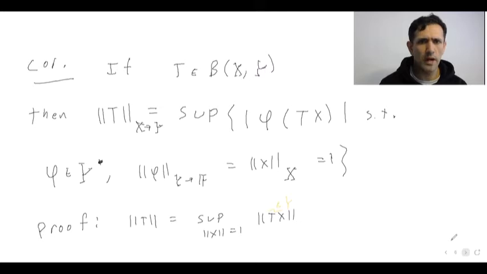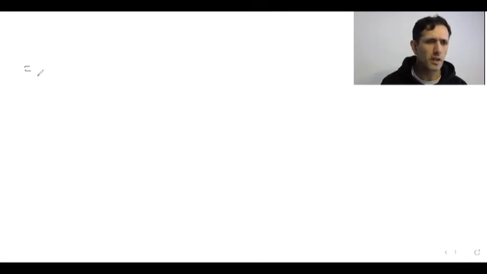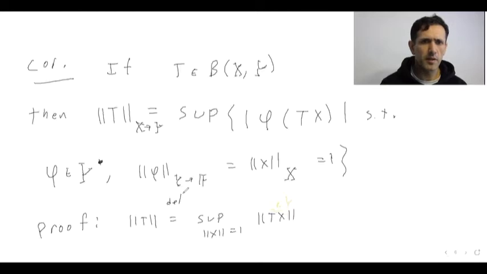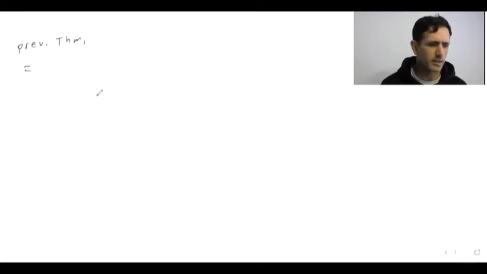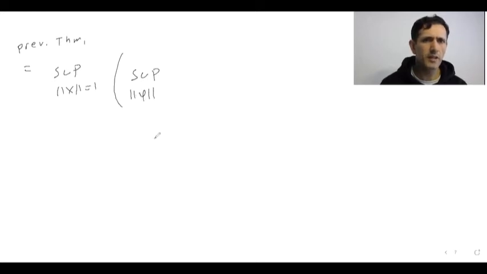So Tx is in Y, so this here by the previous theorem is going to be, well, it's just its iterated supremum. So the norm of Tx for any x is given by the following here.